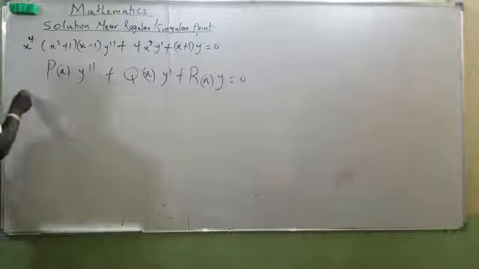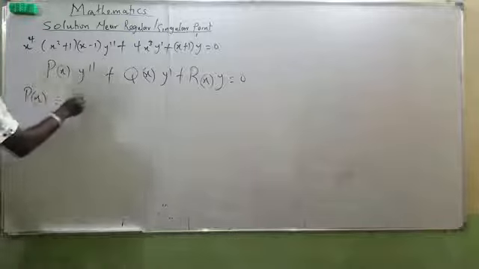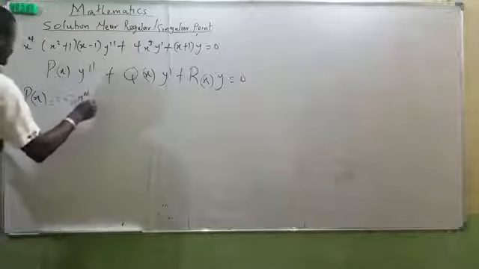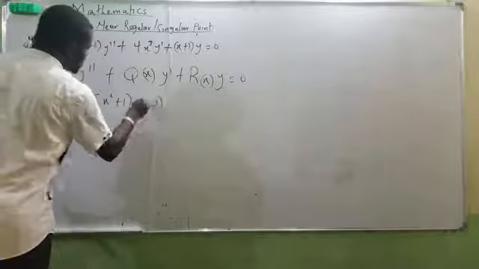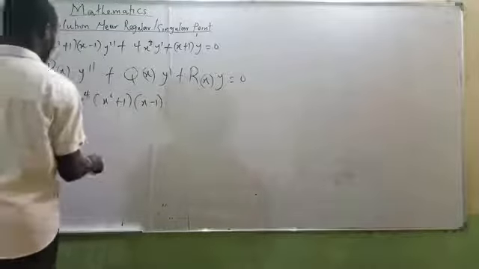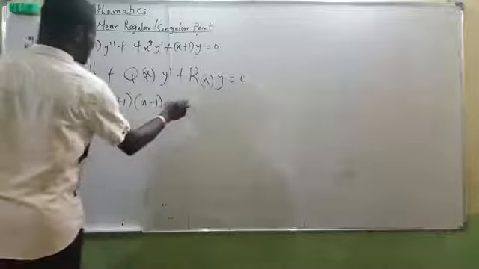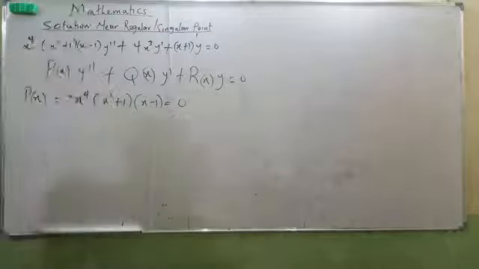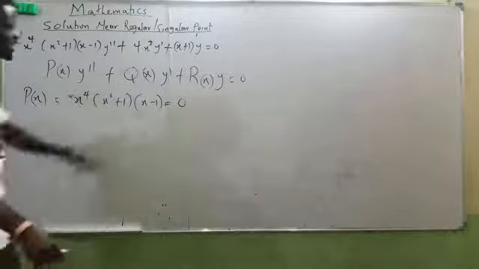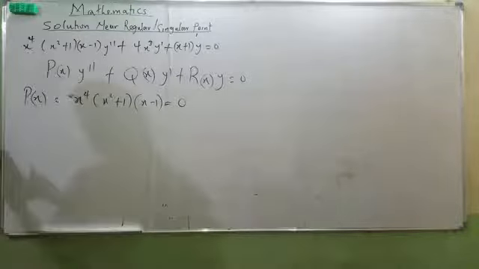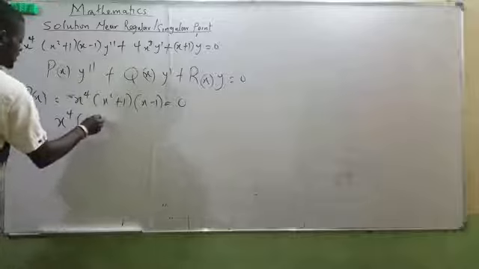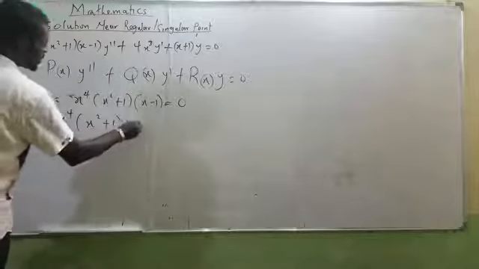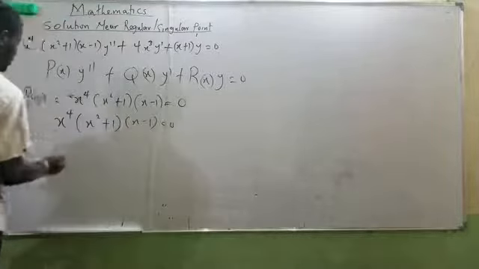Now, my P of x is equal to x to the 4th, bracket of x squared plus 1 and x minus 1. That is my P of x. Now, what makes it equal to 0? Setting it to 0, I will have x to the 4th, bracket of x squared plus 1, bracket of x minus 1 equals 0.